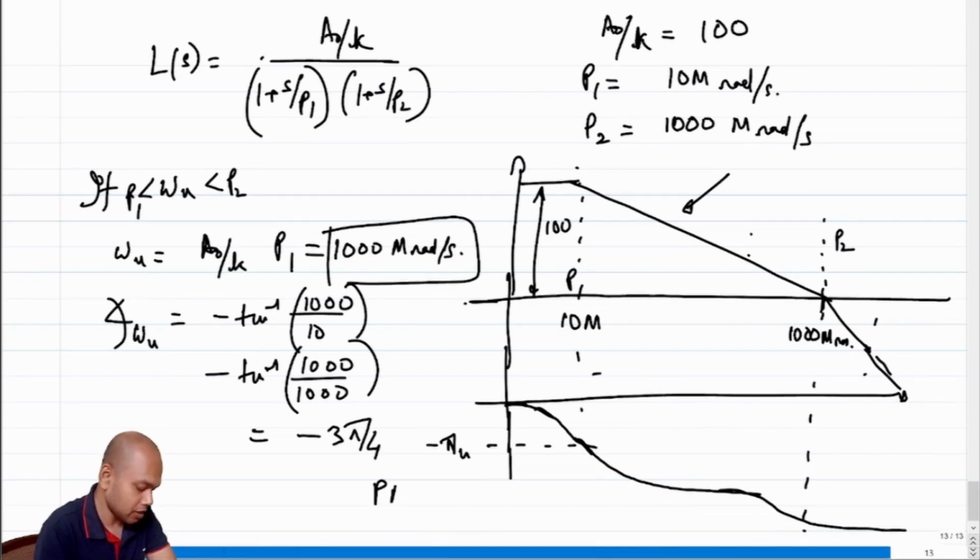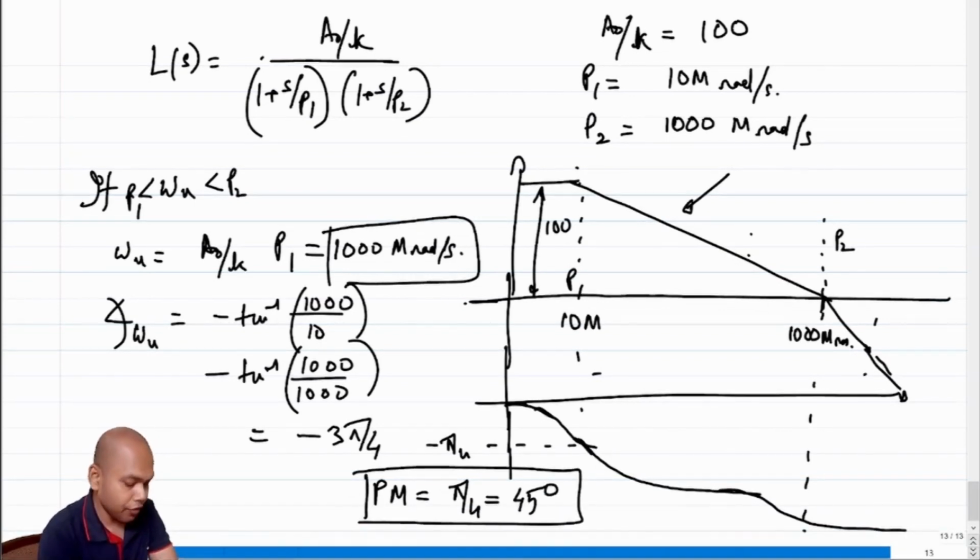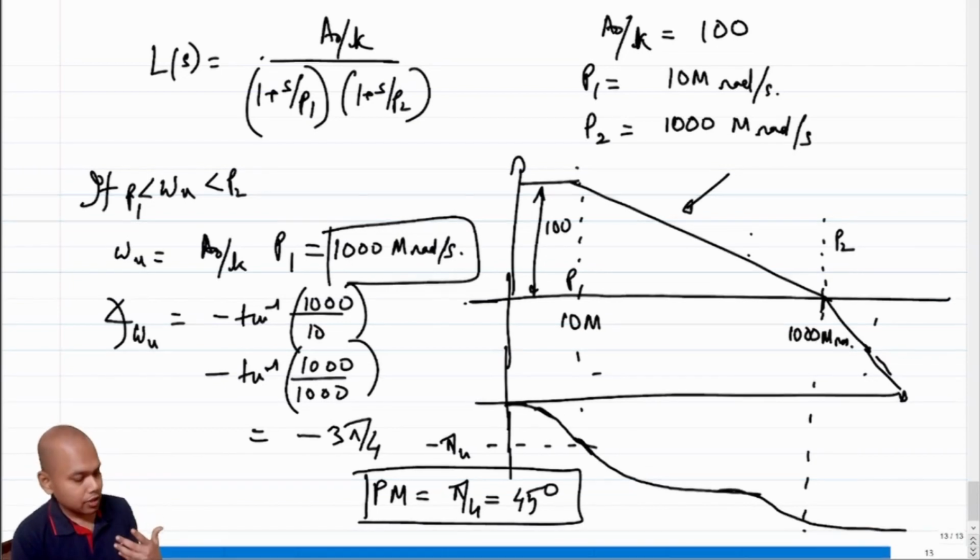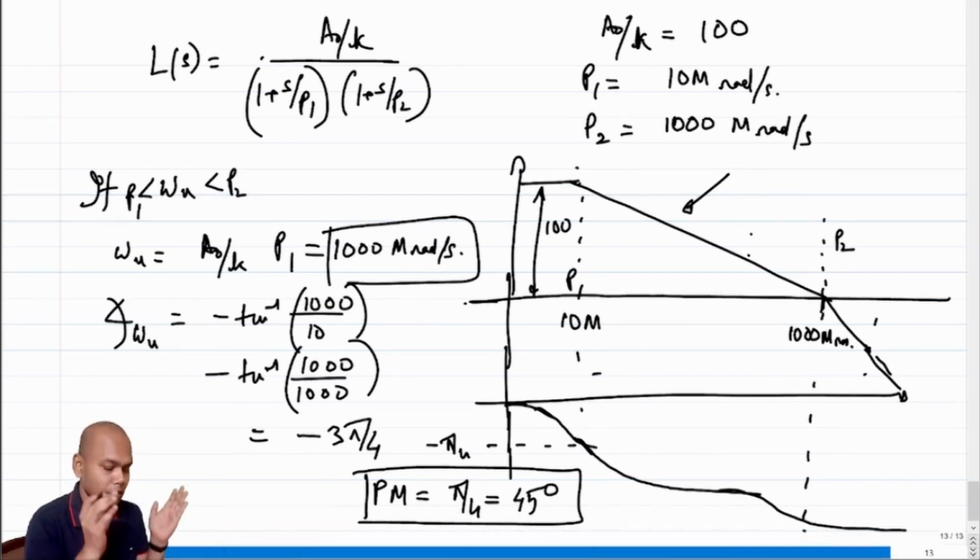So what is phase margin? Phase margin is pi by 4, or 45 degree. If your phase margin is 45 degree, and it's a two pole system, it tells you that the second pole of L of S, the second pole of the loop gain, not the closed loop gain, but of the open loop gain, lies on UGB.